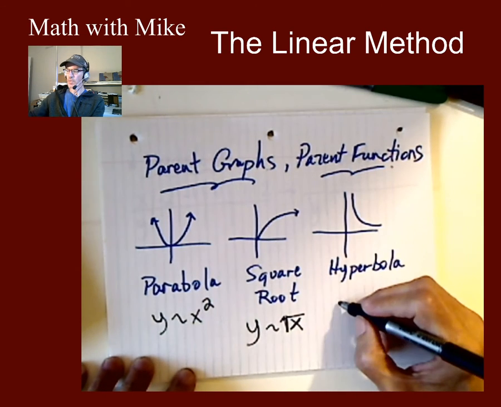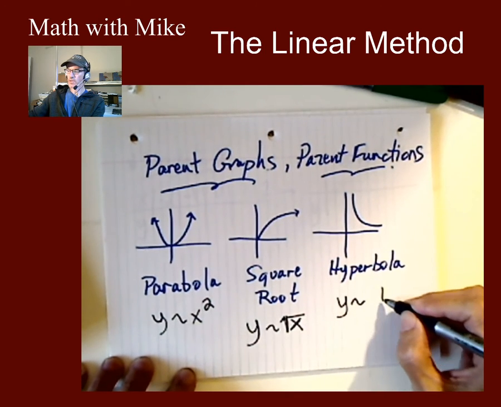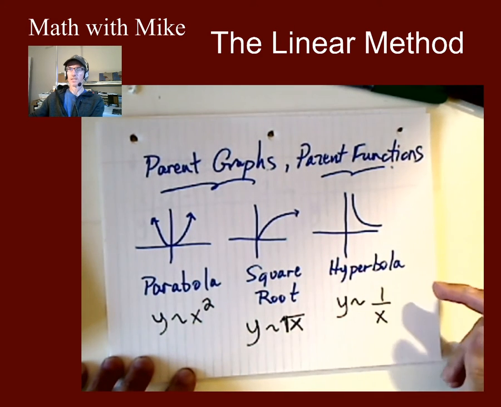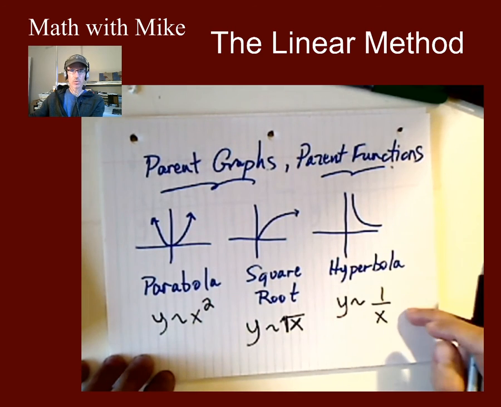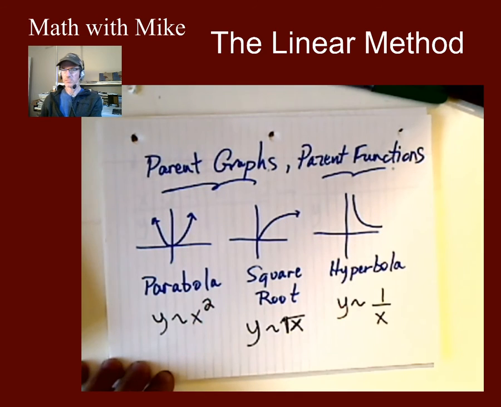And for the hyperbola, this is where the rational function comes in, grade 12s. Rational fraction. This is related to 1 over x. Sometimes 1 over x squared, higher powers, but for us, 1 over x.